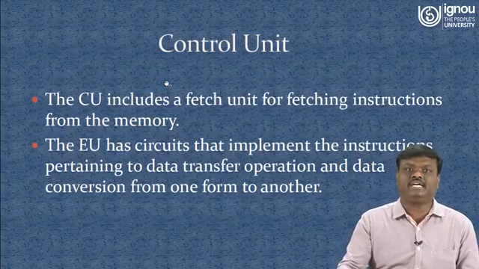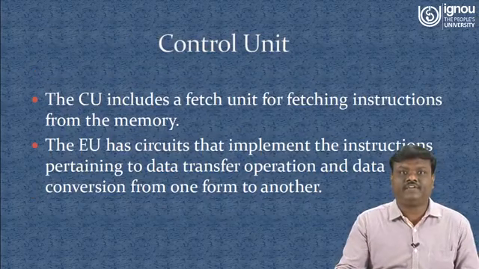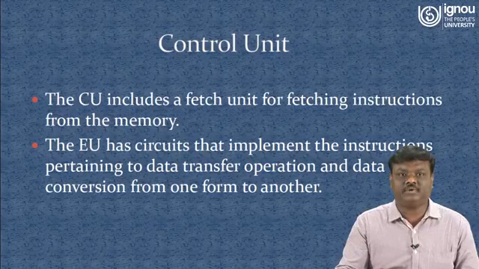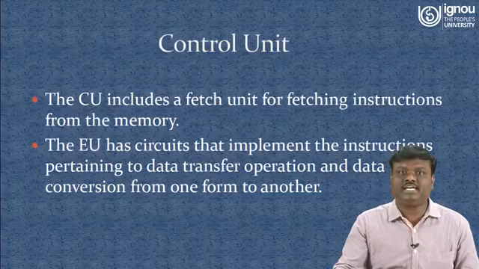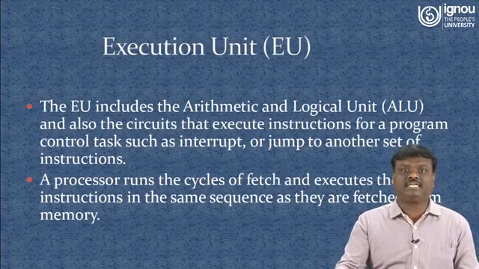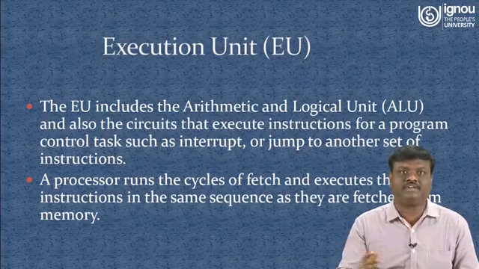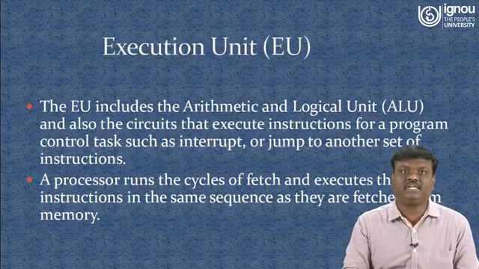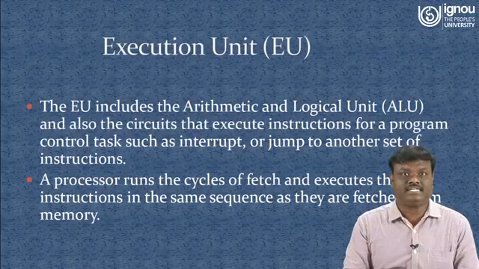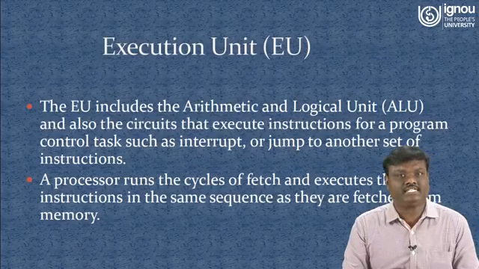The control unit includes a fetch unit for fetching the instructions from the memory one by one, and the execution unit has circuits that implement the instructions pertaining to data transfer operations and data conversion from one form to another. The execution unit includes the ALU also. If there are some logical or arithmetic operations to be done, the execution unit consists of the ALU, which takes care of the arithmetic and logic calculations.